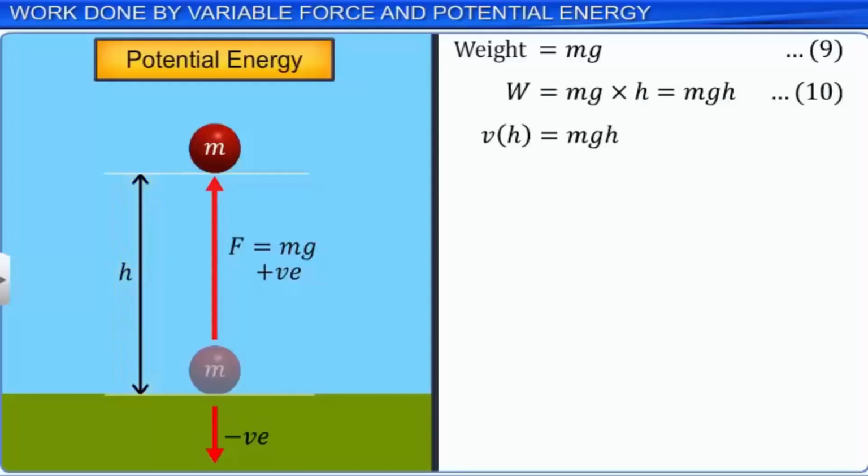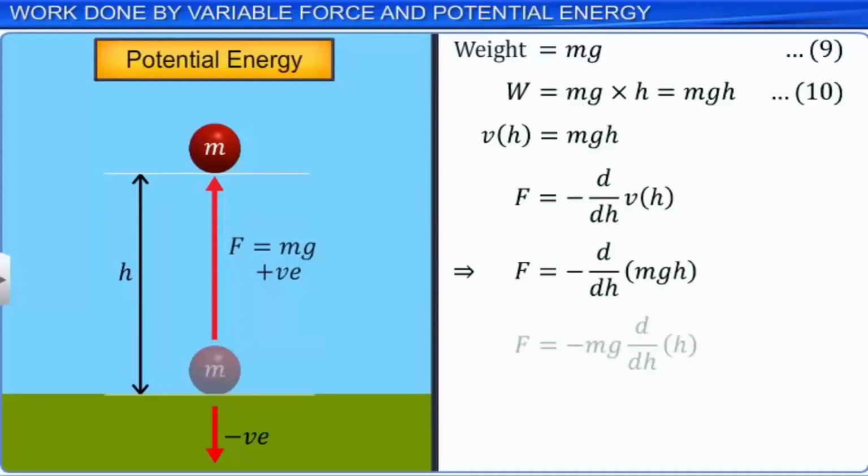Thus, F is equal to minus d by dh of V of h, equal to minus d by dh of mgh, which is equal to minus mg. Let this be equation 11. The negative sign indicates that the gravitational force is directed downwards.